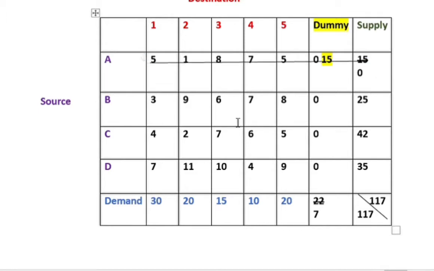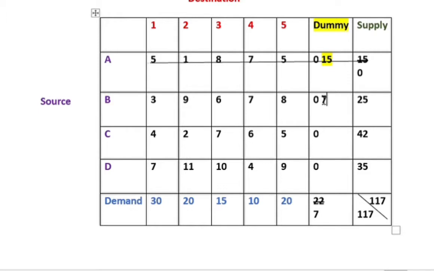Okay, fine. Now we have to check the least cost from the remaining cells. We can see 3 zeros, so we can choose any zero to solve further. I will choose this 0. We have to see the respective demand and supply. For this cell the respective demand is 7 and the respective supply is 25, so we can fulfill all the demand, that is 7.